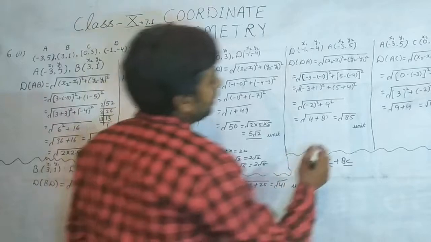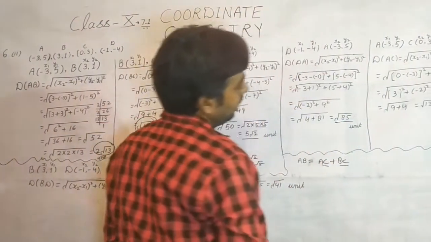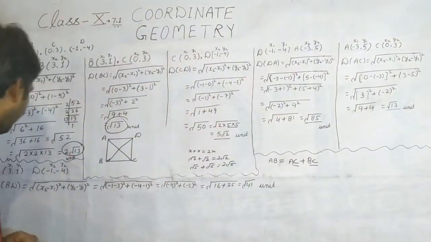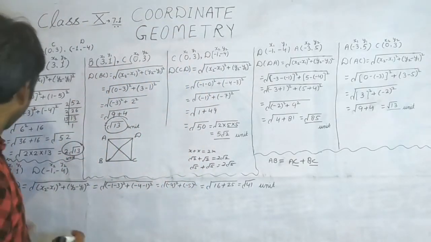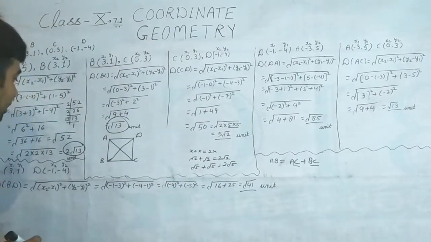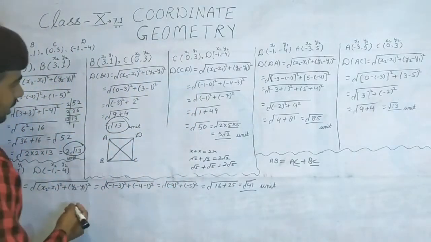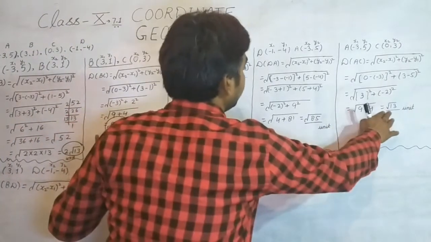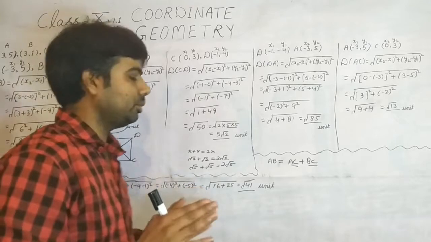The value of DA is under root 85. The value of AC is under root 13. And the value of BD is under root 41. Don't you think only under root 13 and under root 13 are the same, otherwise all the values are different.